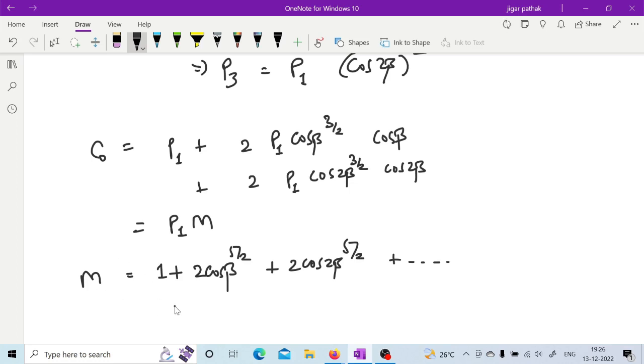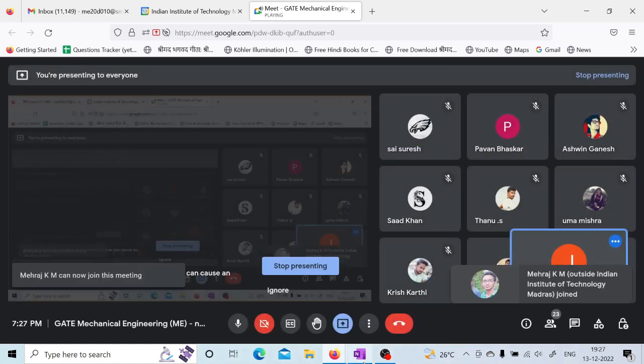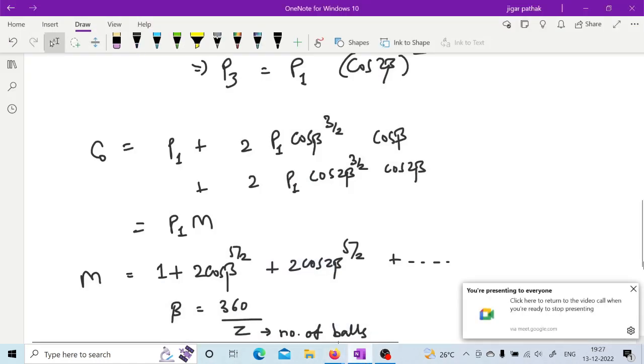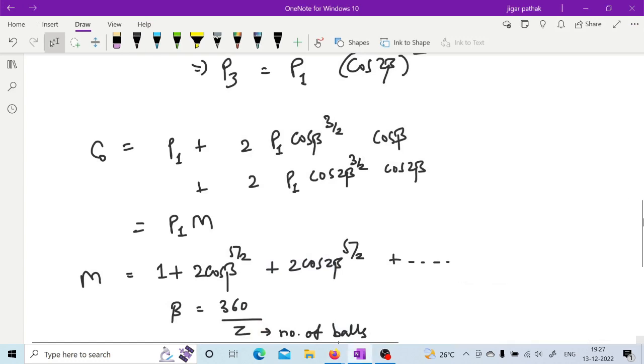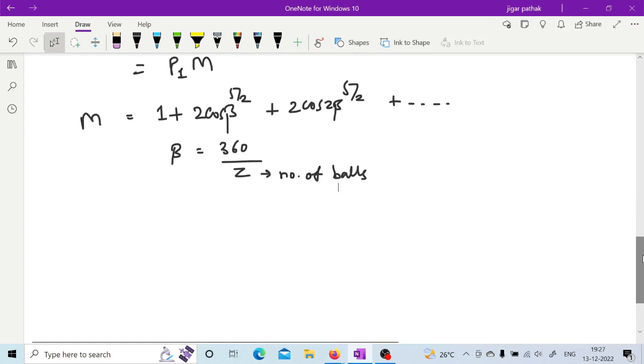Now beta is equal to 360 by Z, right? Why? Because beta is the angle, as we have seen earlier, and Z is the number of balls. So as those balls are equally spaced, this beta is 360 by Z, right? Now that table comes into the picture.